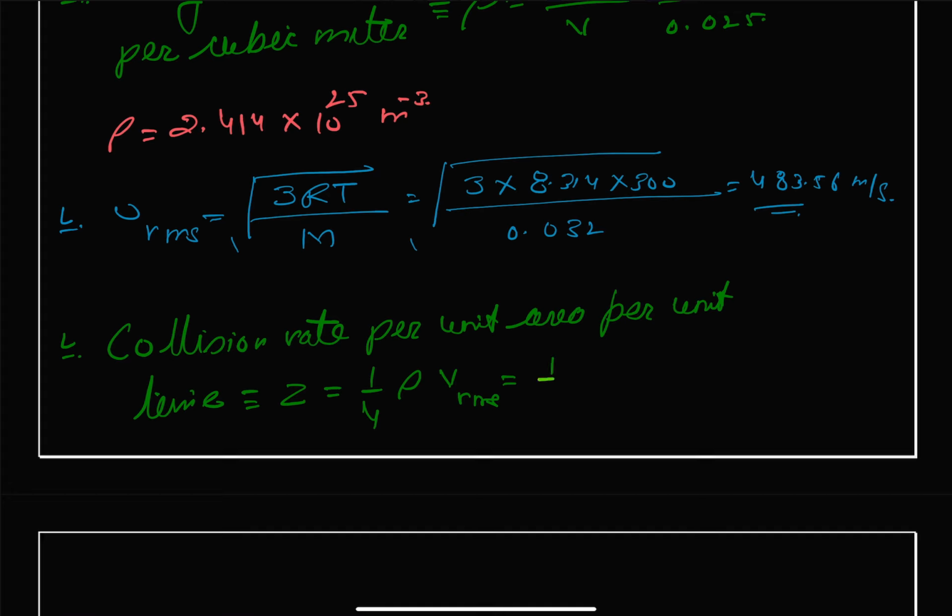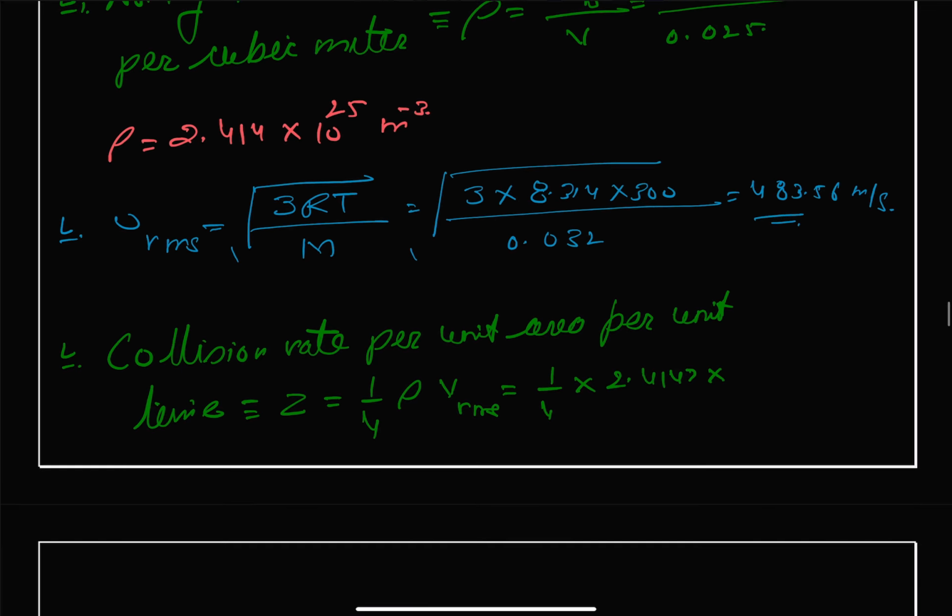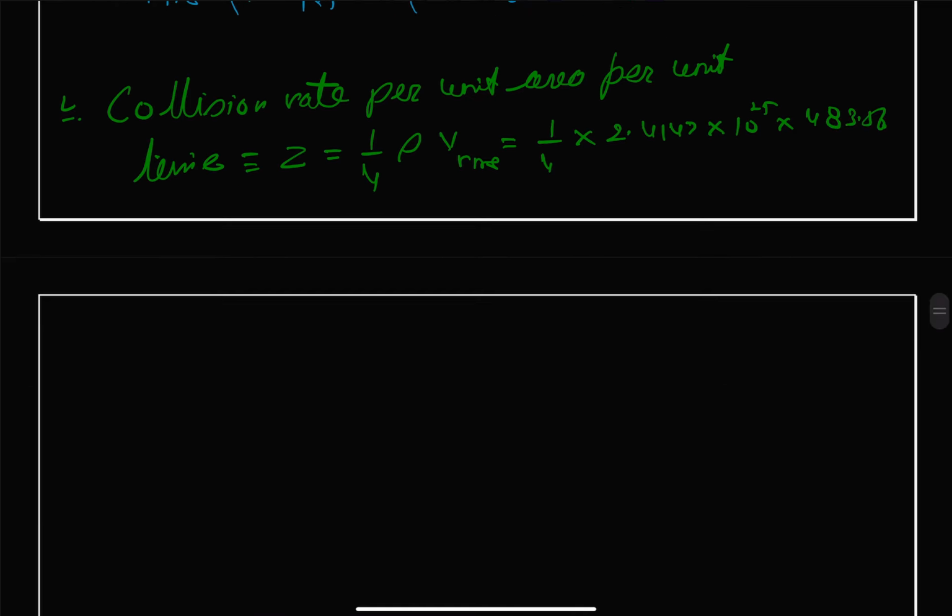So we simply substitute 1/4 into 2.4147 into 10 to the power 25, into 483.56. So this gives us that our Z is equal to 2.92 into 10 to the power 27.